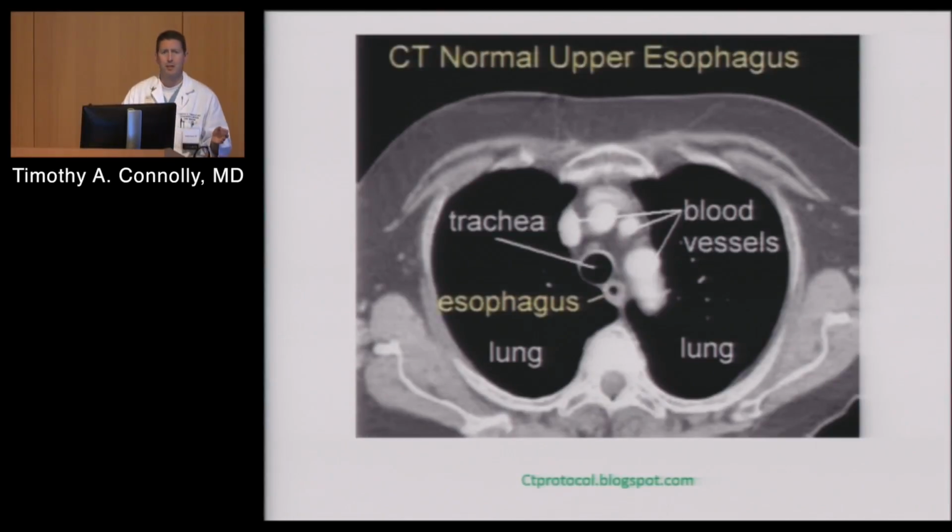I think Dr. Finkelstein will talk a little bit later about what tests to order and when. But keeping in mind with a CT scan, if you're worried about teasing out what's going on in the mediastinum, lymph node versus blood vessel versus airway versus other, you've got to have contrast. If you're looking at a pneumonia out in the lung tissue, you don't need contrast. If you're looking at pleural fluid, no need for contrast.